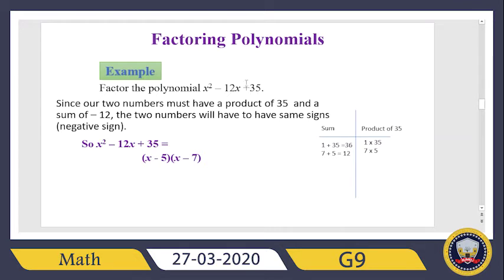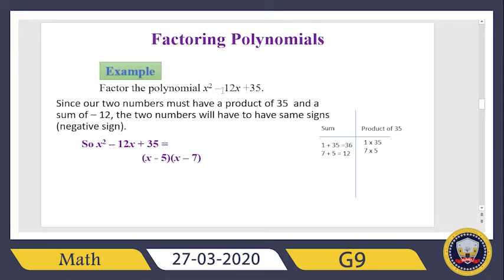As long as the third term has a positive sign, both brackets will take the sign of the middle term. The middle term has a negative sign, so I will put a negative sign in both brackets.